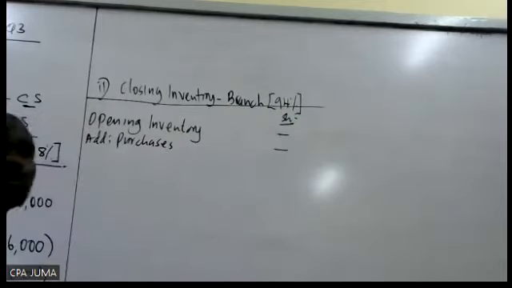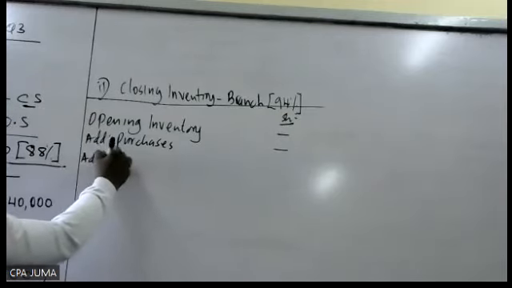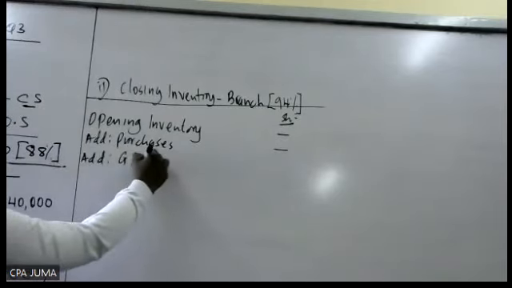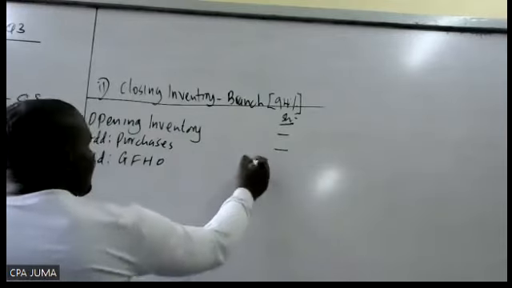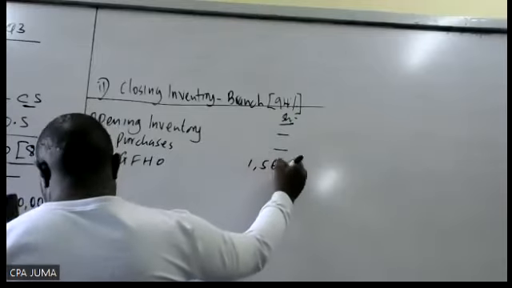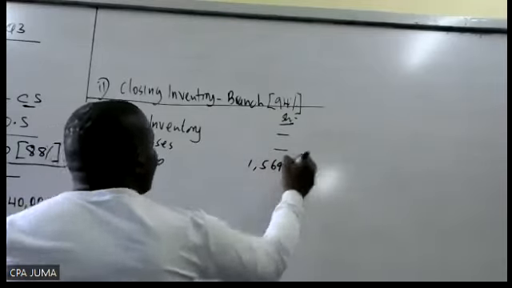But there were goods received from head office. So goods from head office. Can you check the value of goods that the branch received from head office? They received 1,569,040.